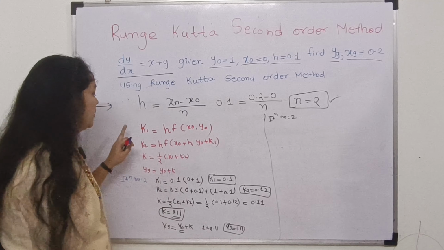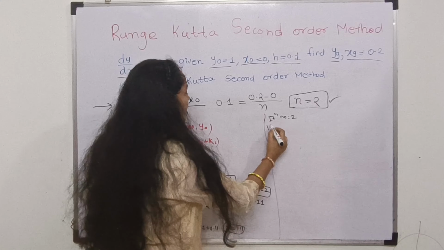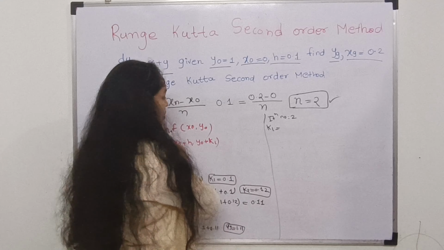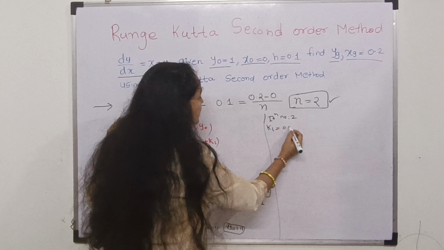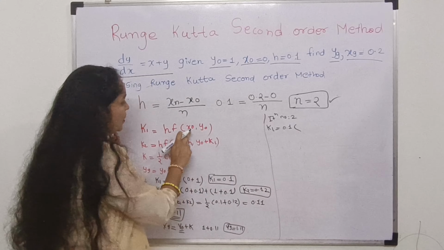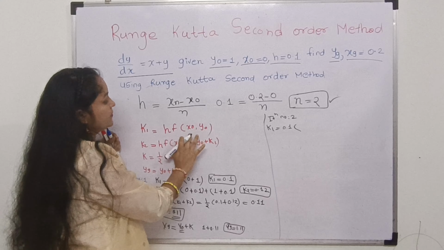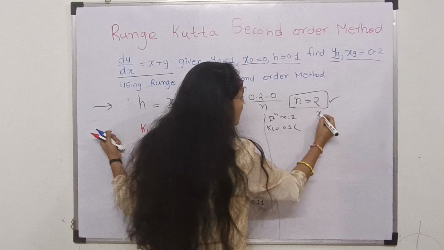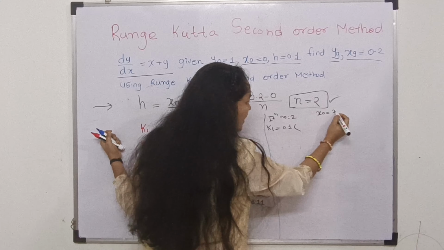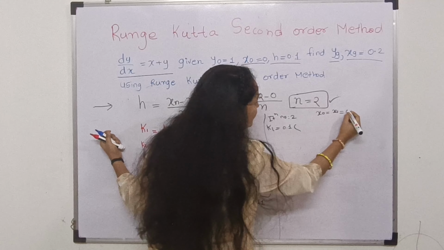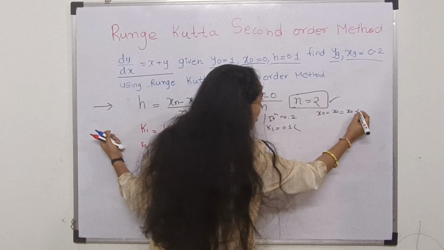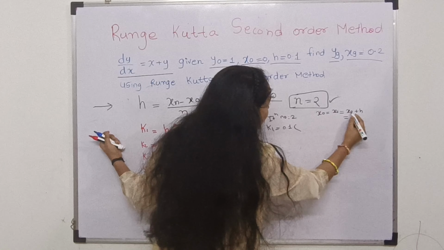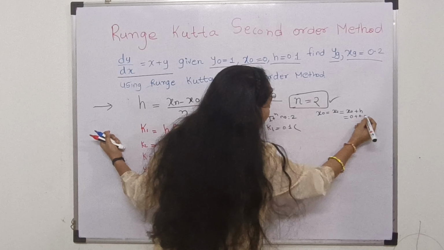In the same manner you are supposed to calculate K1. So it is h, and the h value is 0.1, which is the function of x1 and y1. So now what is the value of x1? x1 becomes x0 plus h. So this value is 0 plus 0.1.